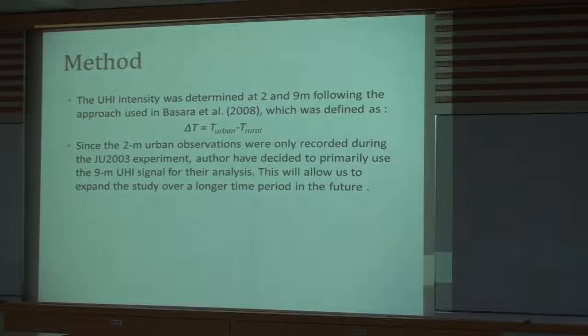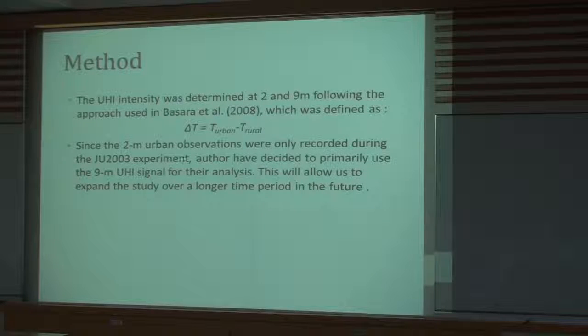And here's the method. The UHI intensity is determined at 2 and 9 meters, following those applied in 2008, and it's very simple. It's just delta T, the temperature in the urban area minus the temperature in the rural area.